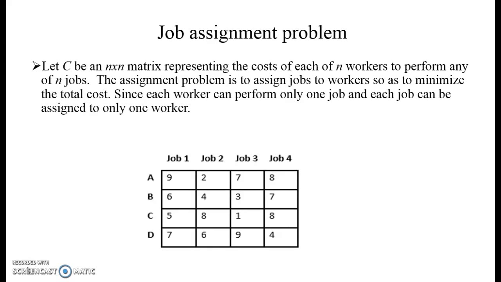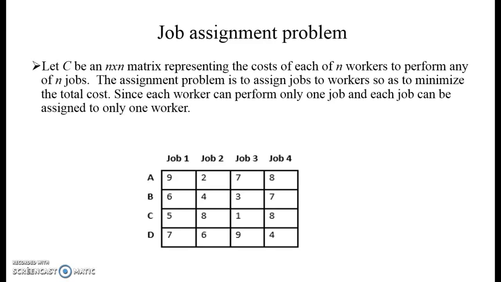cost will be minimized. Here, if person A performs job 1, then its cost is 9. If person A performs job 2, then its cost will be 2. If job 3 is performed by person A, then the cost is 7. If person A performs job 4, then its cost will be 8.